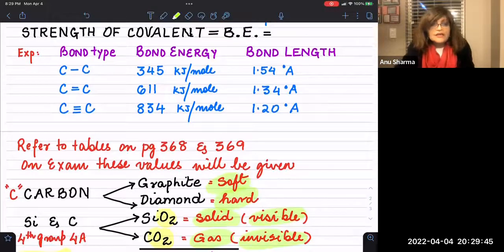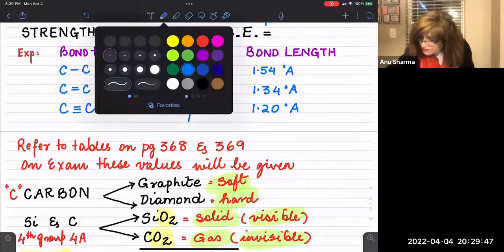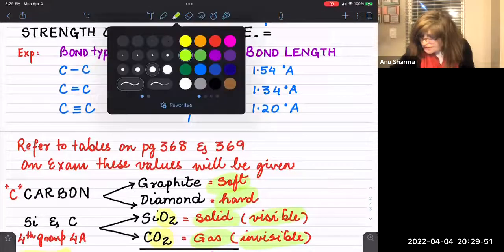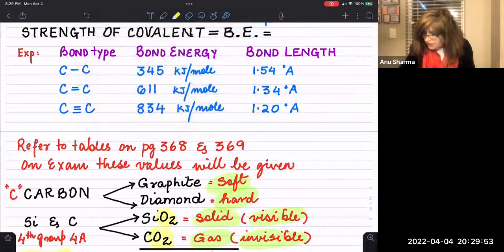Now there are certain tables in your book, or these values are going to be given to you. So you are going to refer to these tables for all the problems that you're doing, in the book or in the appendix. And on the exams, like I said, these values will be given.